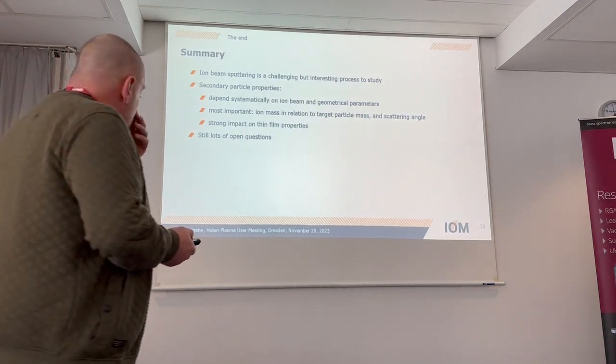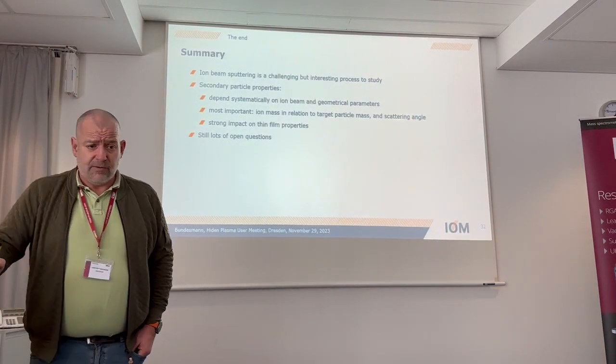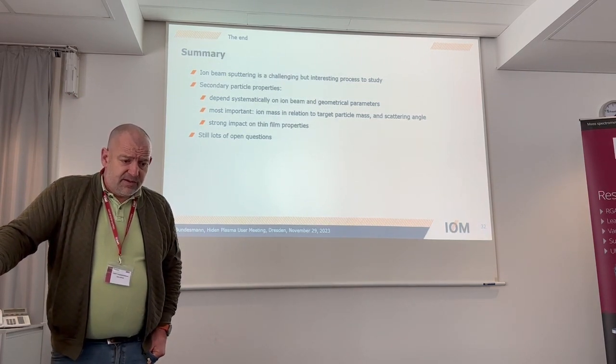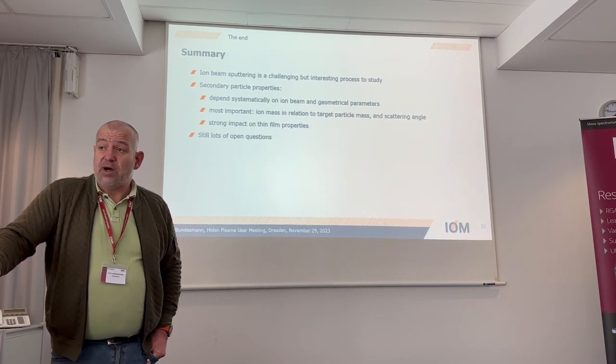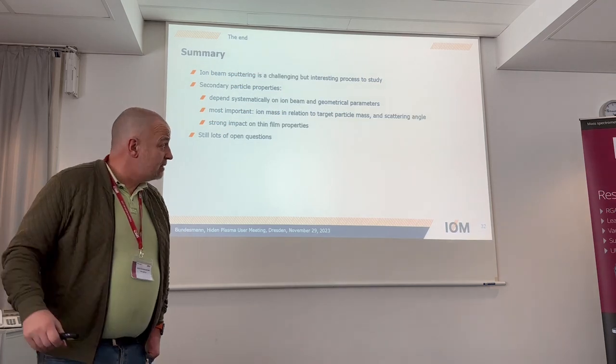And we are looking here at ions. We could not measure atoms, but if you know something about sputtering, then you know ions are normally just a few percent or much lower. So normally the sputtered particles are atoms. But still we were successful.